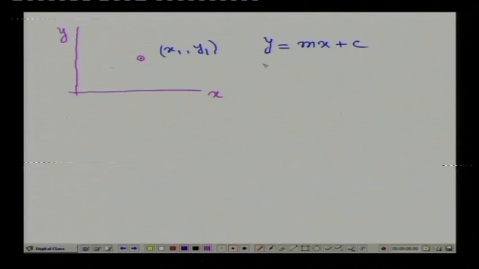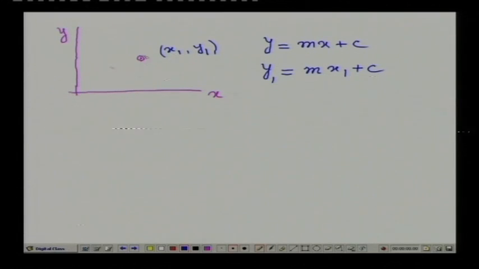So, in effect I will get an equation, that is y 1 is equal to m x 1 plus c, because this line y is equal to m x plus c is passing through the given point x 1 y 1, and this is the equation that has to be satisfied by all the straight lines that pass through this point x 1 y 1.